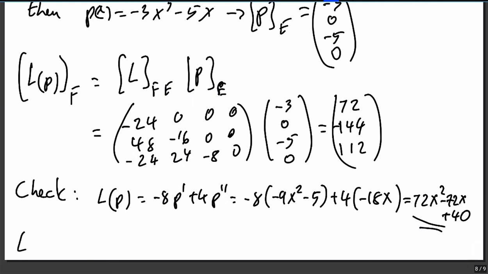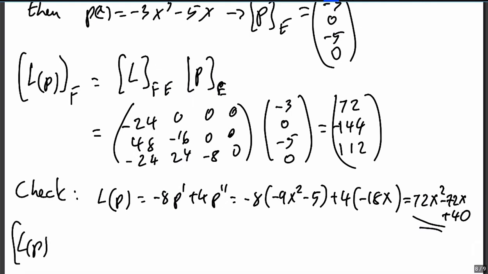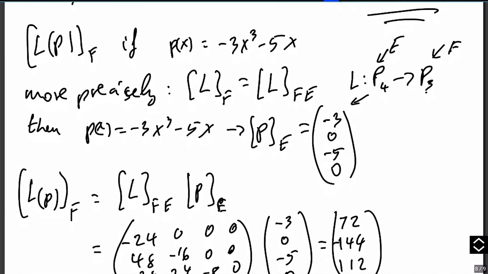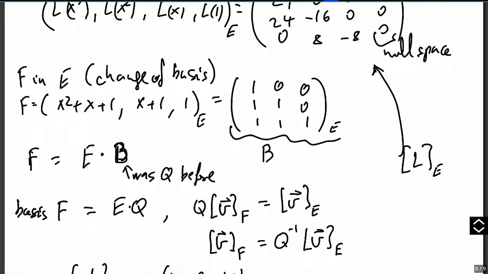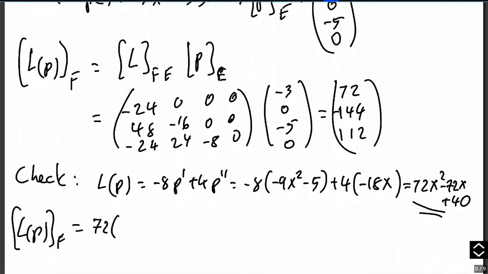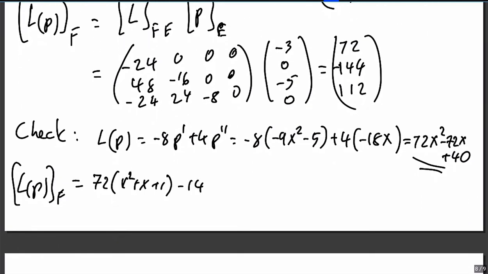While calculating this from the F coordinates, in the F basis, this is 72 times the F basis first component, x squared plus x plus 1. Then the second component has multiplier minus 144, and it was x plus 1, and the third component was just 1, and that multiplies 112.